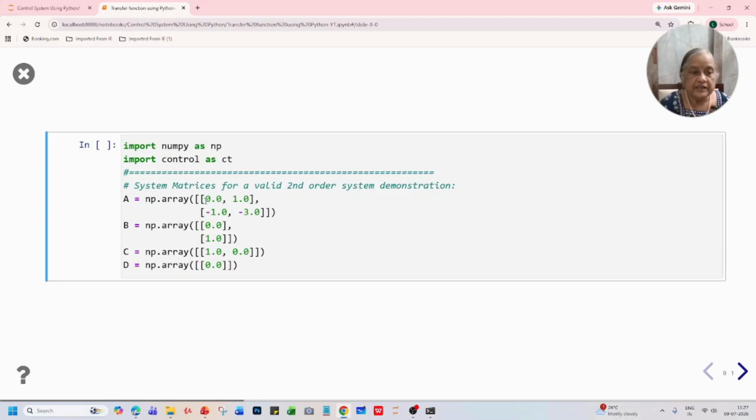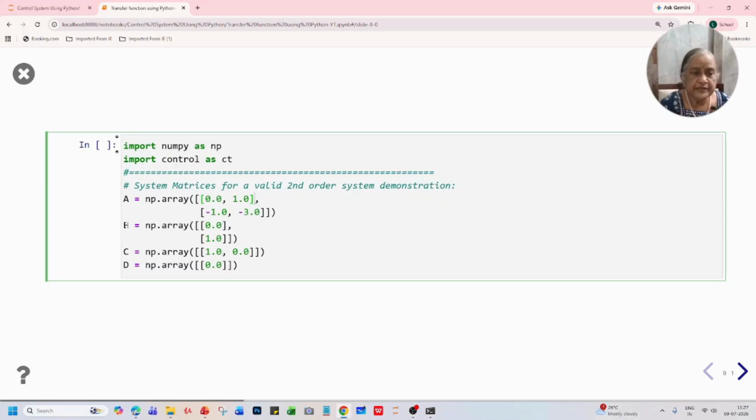Whatever the order of the matrix, each row has a number of elements, and depending on the number of rows, each row is separated by a comma. So this is the matrix A.